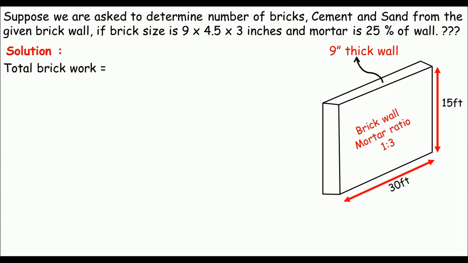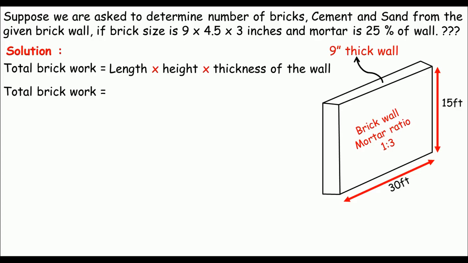The volume is always length times breadth times height, or length, height, and thickness multiplied. So the total brickwork equals 3 feet times 15 feet times the thickness of 9 inches, or 0.75 feet, and we get a total brickwork of 337.5 CFT.